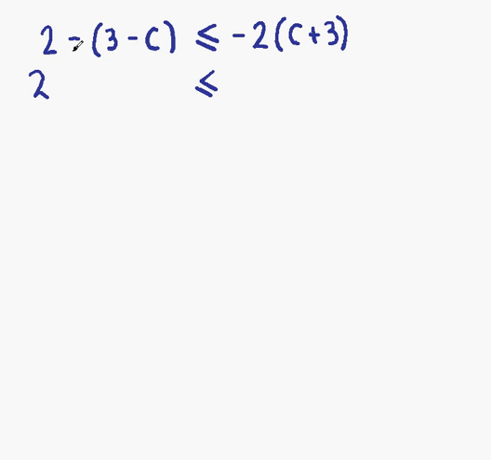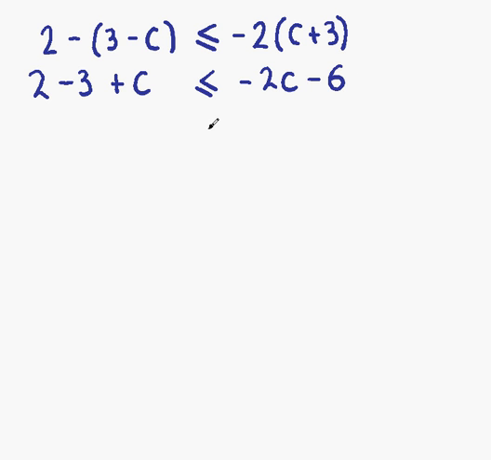So we have minus 1 times 3 is minus 3, and minus 1 times minus c, which is plus c. On the right hand side, we have minus 2 times c, which is minus 2c, and minus 2 times 3, which is minus 6.